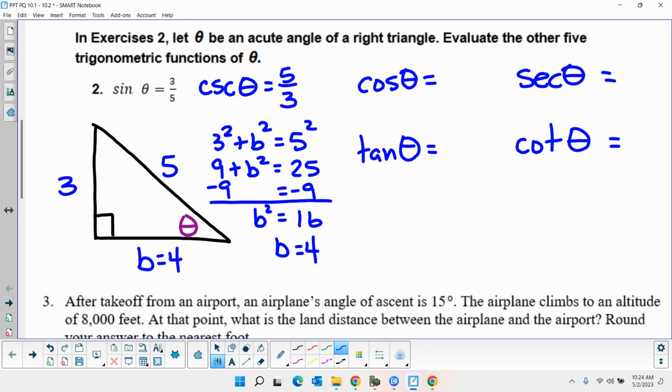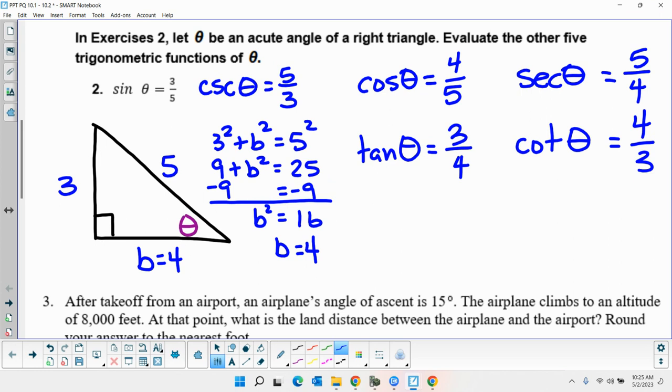Cosine, here's theta, adjacent 4 over hypotenuse 5. So secant 5 over 4. And then tangent, TOA, opposite 3 over adjacent 4. So cotangent is 4 over 3.